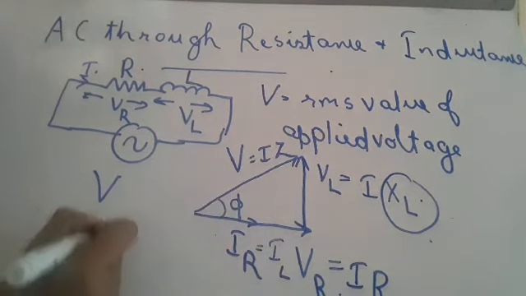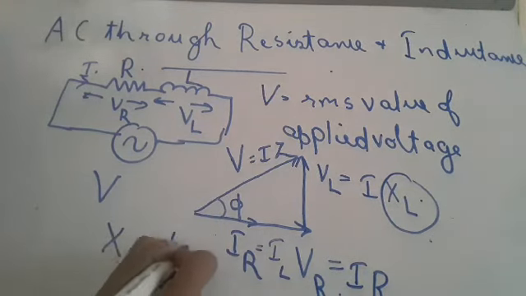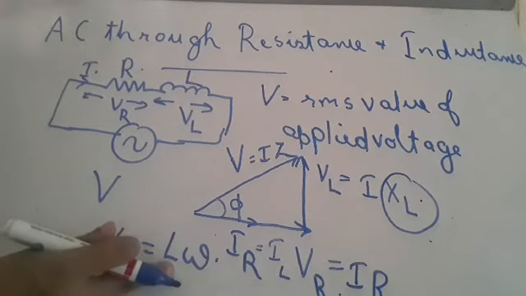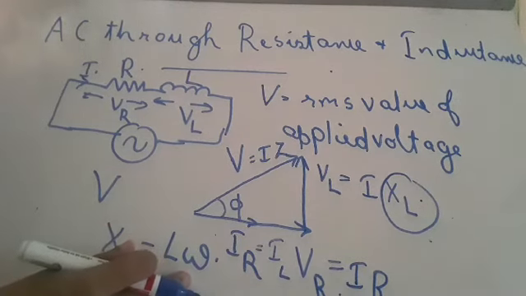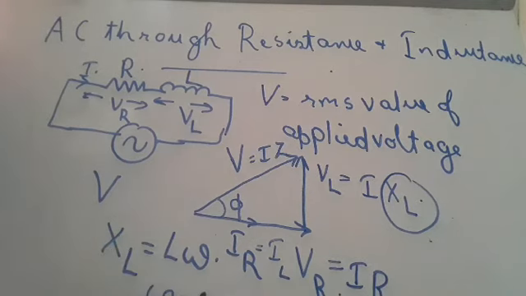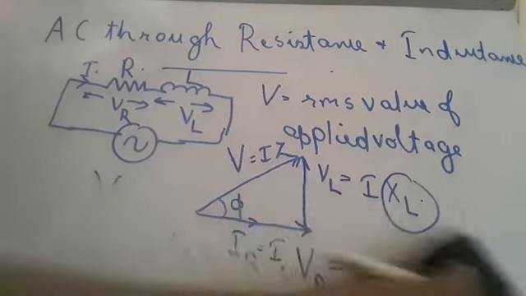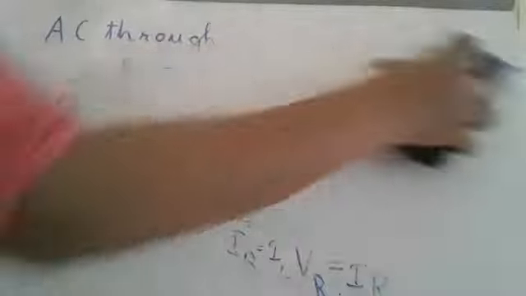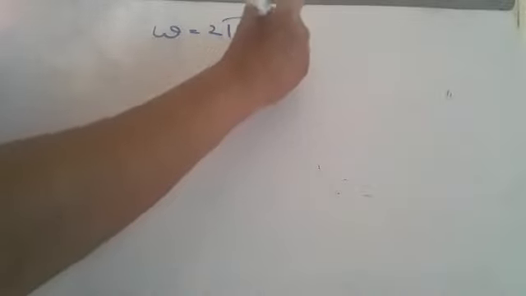XL can be equated to L omega, where L is the inductance and omega is the angular frequency, which is 2 pi into frequency.